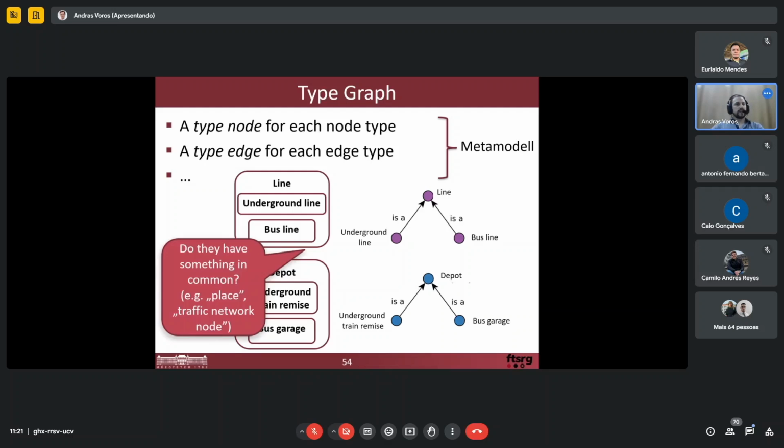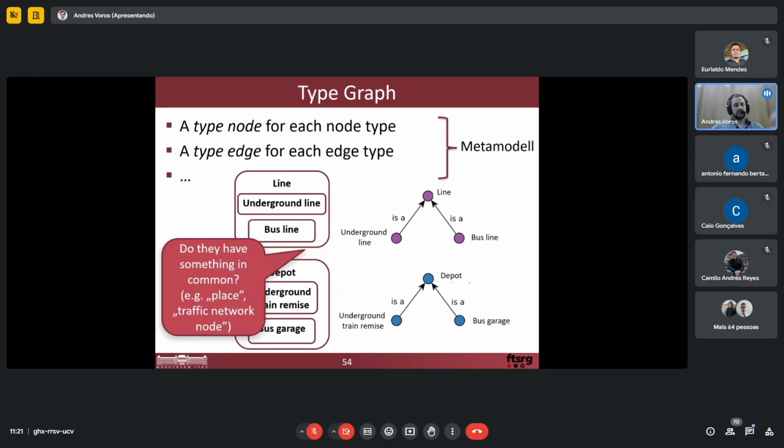And what we can express this way is that if they have something in common, and in this case, the bus line and the underground line have many things in common, we put this common information into the line type on the top.